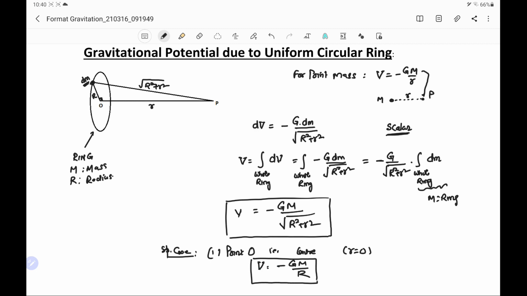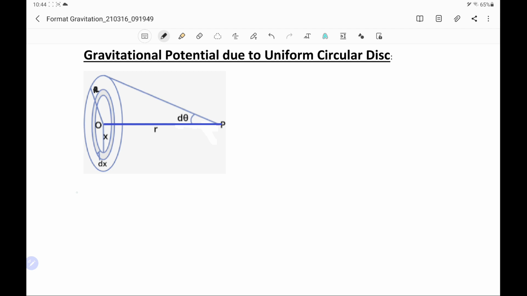Next, we have to find the gravitational potential due to the uniform circular disk. We have already discussed the ring having mass M and radius R, on which mass is distributed uniformly along the circumference.